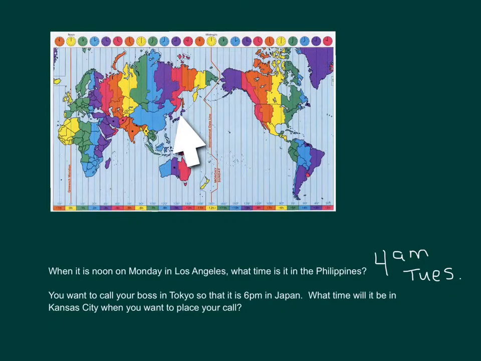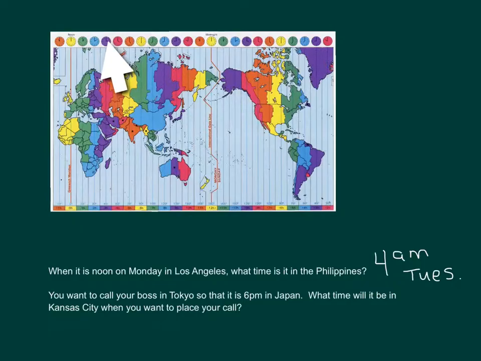So I'm gonna start. My strategy is gonna be to start at the time I want, which is 6 p.m. in Japan, because that's what I know. That's my standard. And I'm gonna work backwards, remember, because time goes back this way, heading back towards the prime meridian. So if it's 6 p.m. in Japan, we're talking 5 p.m., 4 p.m., 3, 2, 1, noon.